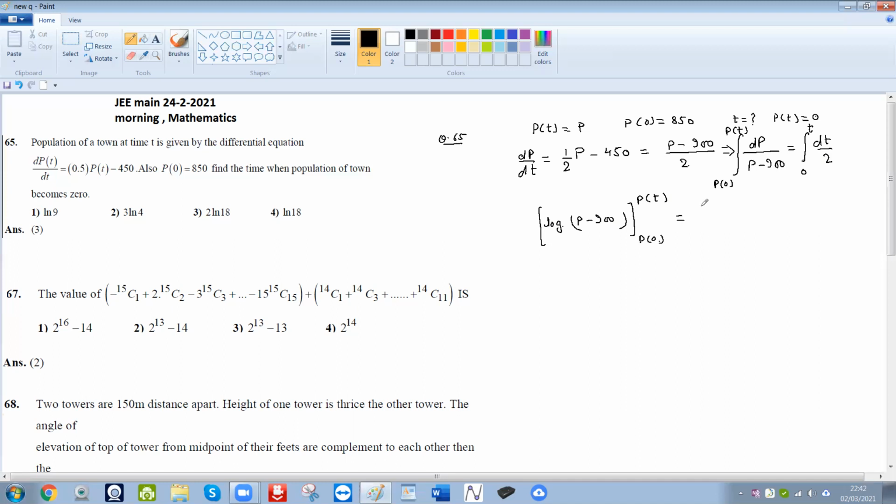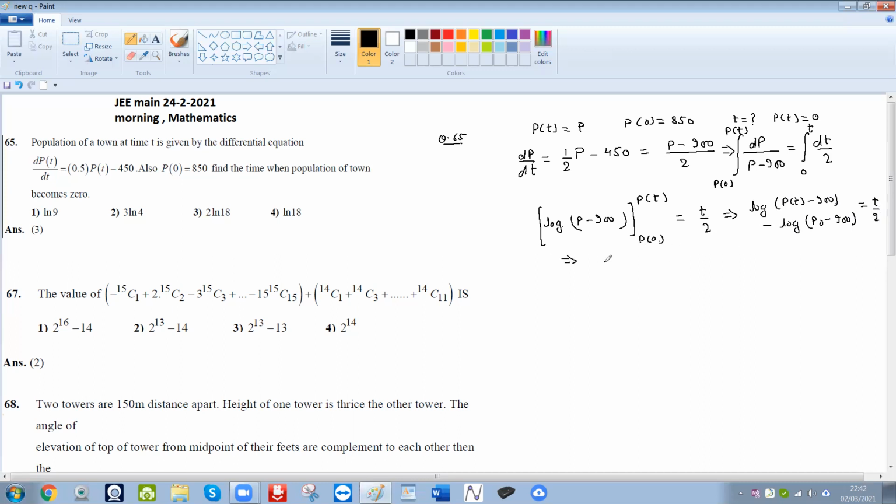And this side is simply t by 2. So left side becomes log of, first I put the upper limit, and then I put the lower limit, this should be equal to t by 2.